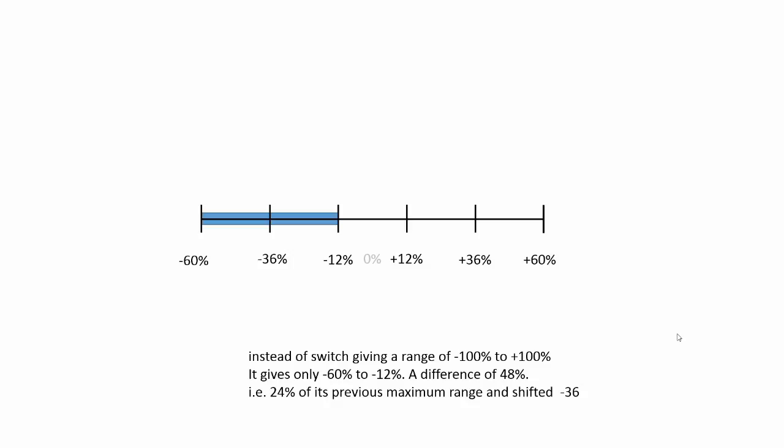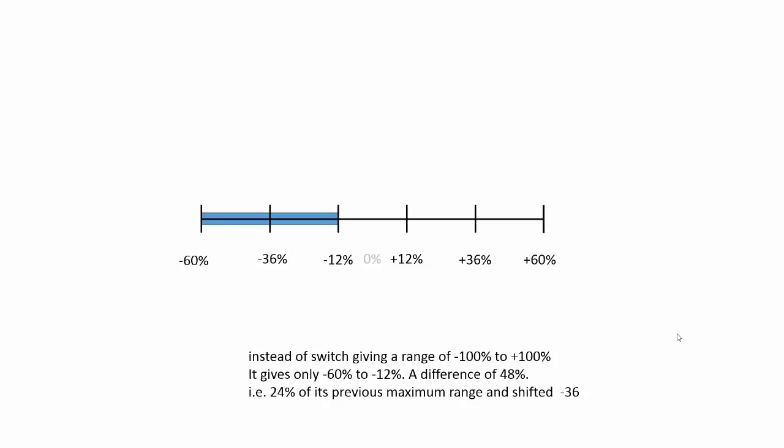So our 3-position switch gives us minus 100 to plus 100 currently, but we only want it to give minus 60 to plus 12 in the initial range. So minus 60 to plus 12 is 72%, which is actually 36% of the maximum switch position, the current maximum switch position.